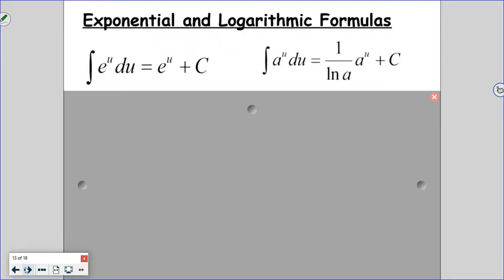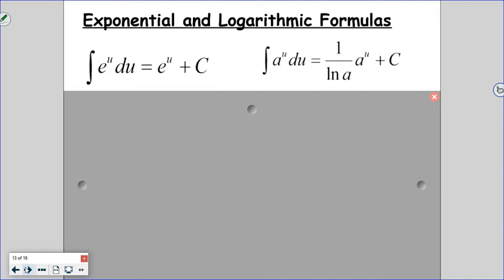Okay. These ones, again, we probably know. However, if the base of our exponent is something other than e, I think we forget the whole natural log of the base thing, so that's probably a good one to have down. But just a reminder that e to the x, its derivative is e to the x, which means the integral of e to the x is e to the x.